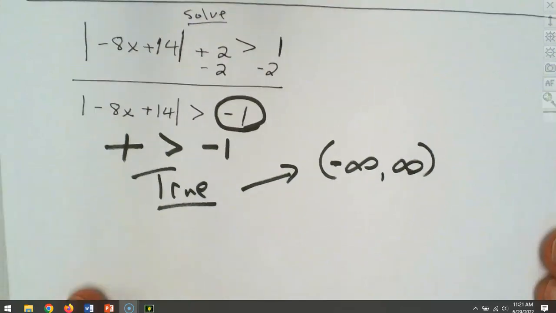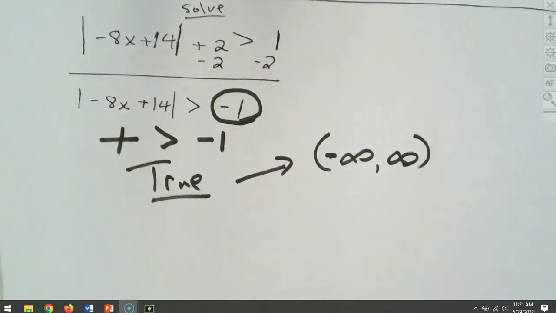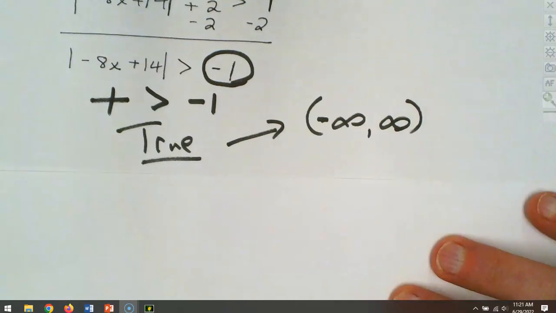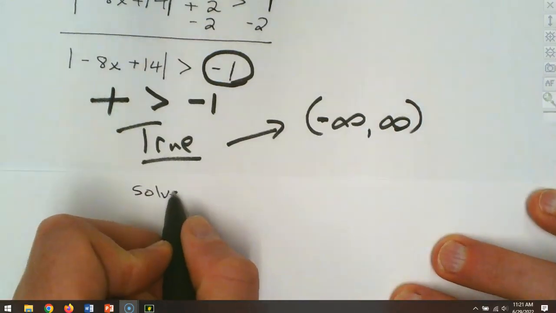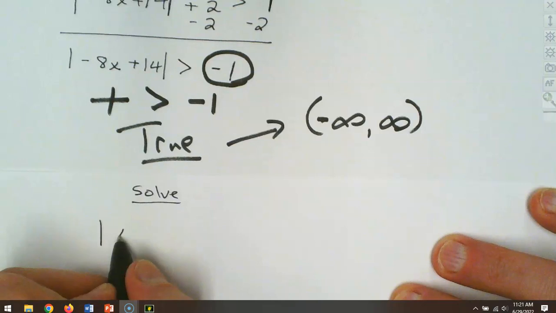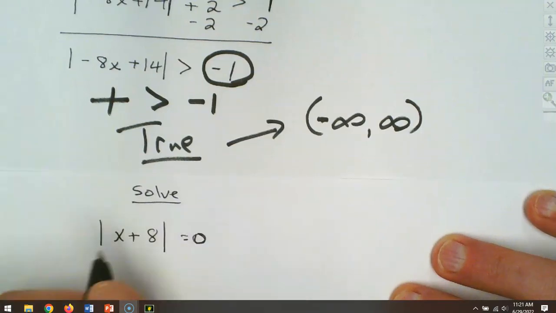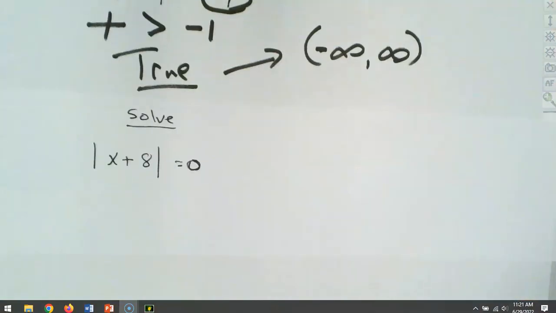What about 0? Okay, well, depending upon what it is, you might solve it for 0, or it might be a true or false. If it's an equals, you're going to have to solve it. But this is actually easier because there's no reciprocal of 0, no negative reciprocal of 0, because 0 doesn't have a sign at all.